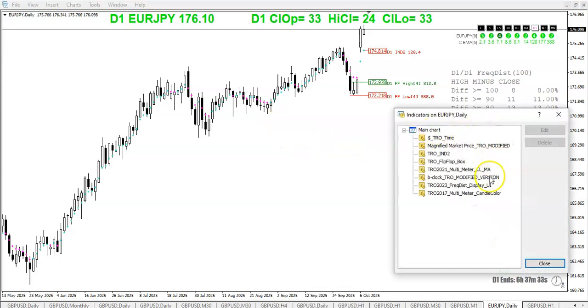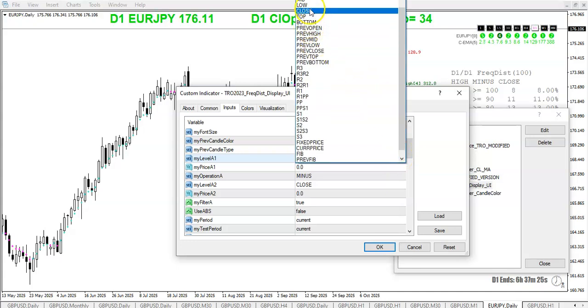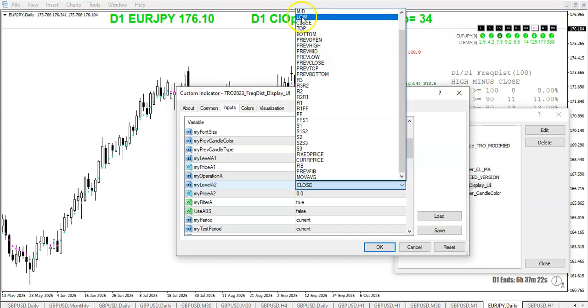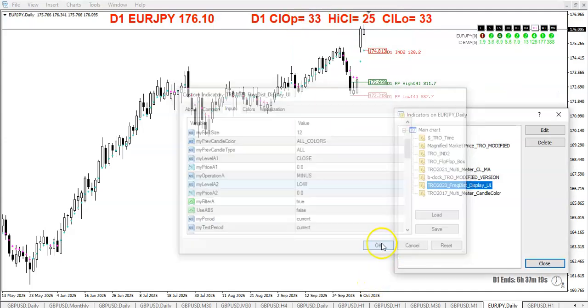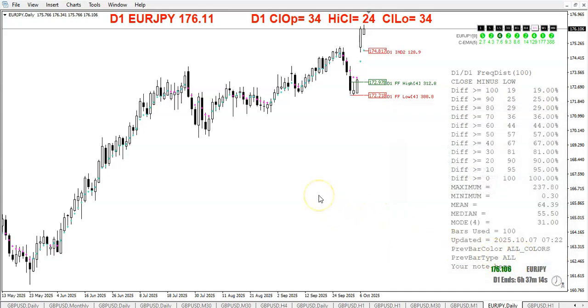And to round that out, we want to do the close minus the low. And so you can see here, greater than 10, 95% of the time, greater than 20, 90% of the time.